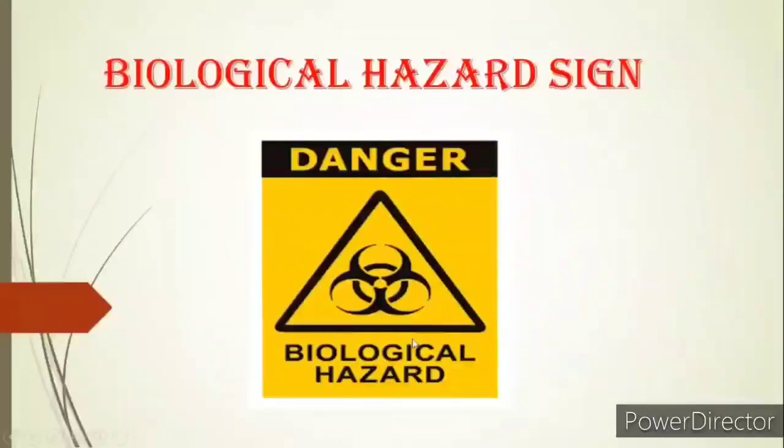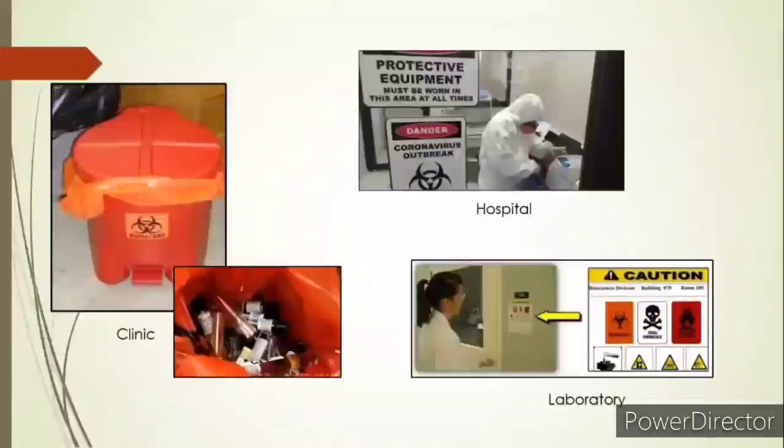As you can see, this is the biological hazard sign. When we see this sign, that means we must be aware of biological hazard at that workplace. Next, these are examples where we commonly see that sign.